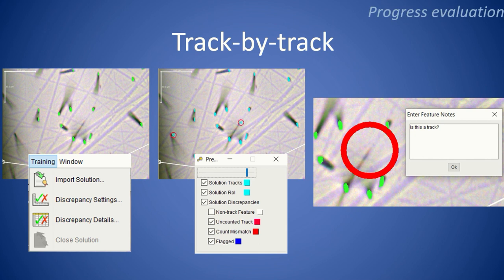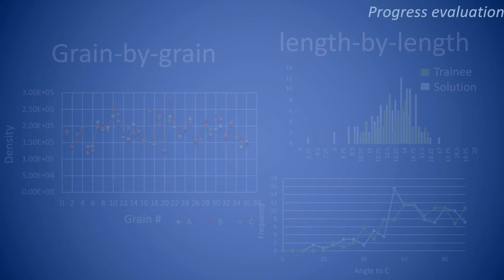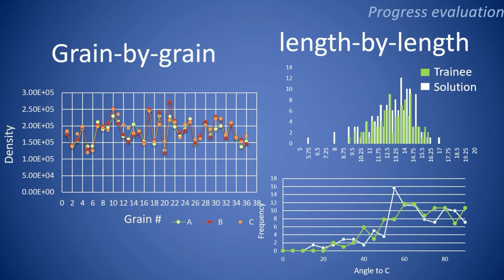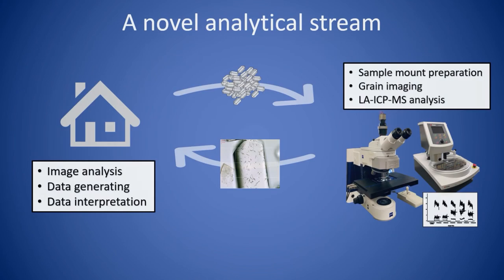This is particularly a convenient feature for newly trained Fission trackers to raise questions during practice. Furthermore, the exported single grain and length data also allow comparison made on a grain by grain and length by length basis.